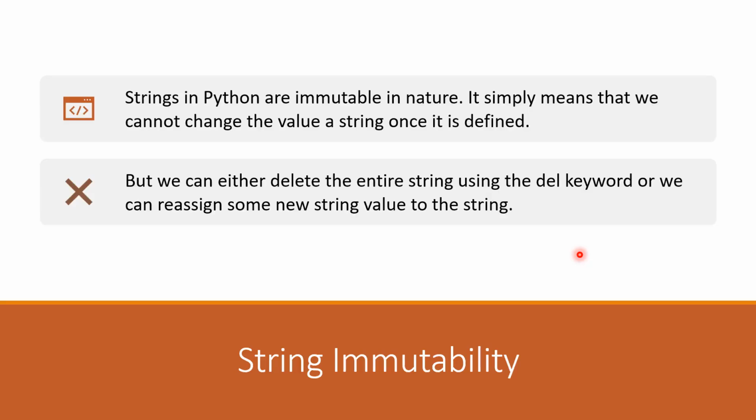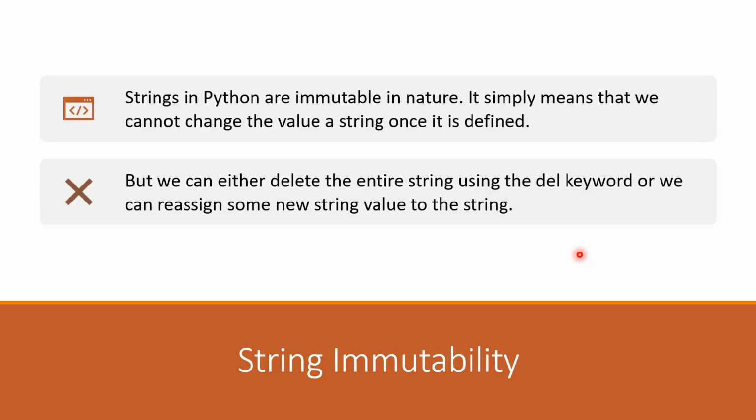The answer to this question is no. This is because strings in Python are immutable in nature. It simply means we cannot change the value of a string once it is defined. But don't worry, we can either delete the entire string using the del keyword, or we can reassign some new string value to the string variable.